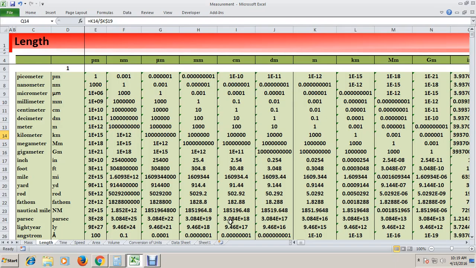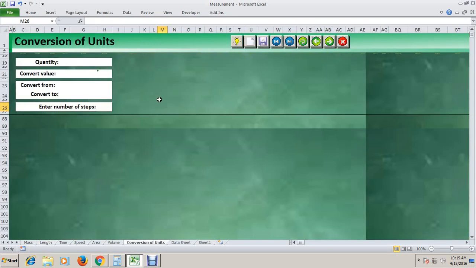Now, the idea here is simply to memorize a few of the conversion factors so that you could work out the conversions yourself. That means in order for you to properly convert one quantity expressed in one unit to the same quantity expressed in a different unit, you need to specify how many steps you want in order to convert properly from one system of unit to the other.